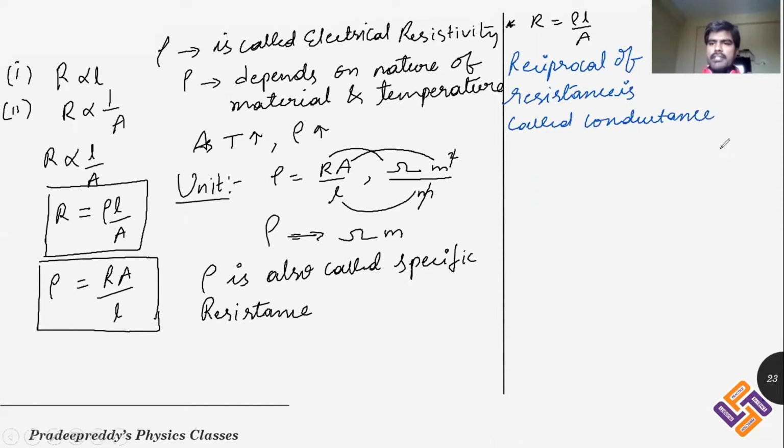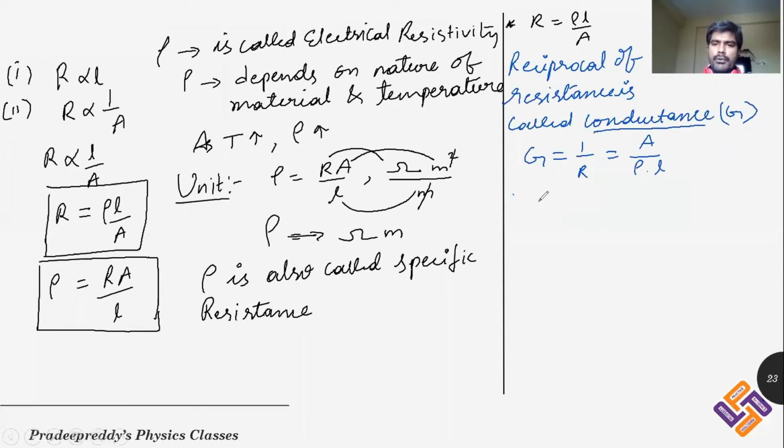Conductance is denoted with G. G is equal to 1 by R, that is A divided by rho into L. The reciprocal of resistance is called conductance. Conductance is denoted with G.